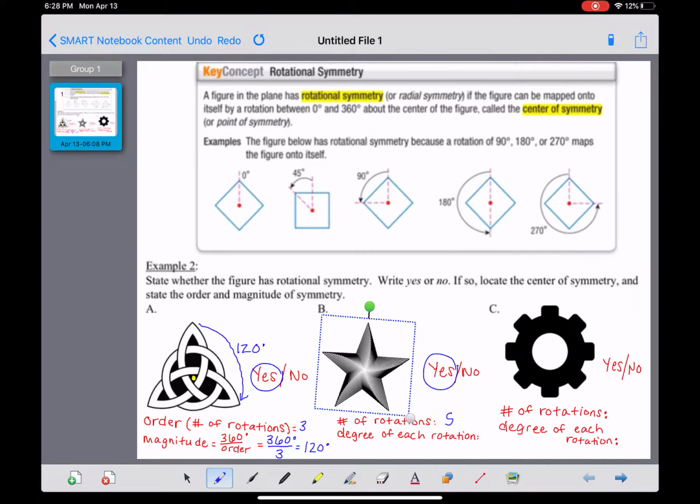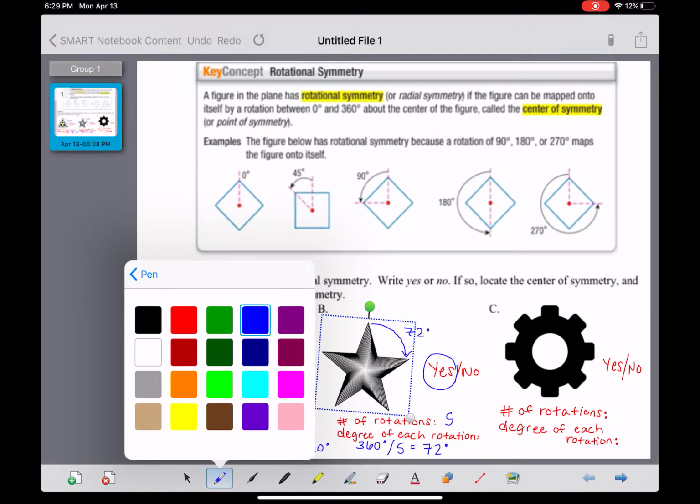The degree of rotation is going to be 360 degrees divided by the number of rotations, which in this case is 72 degrees. So each turn is 72 degrees. The center of rotation is the very center of the star.